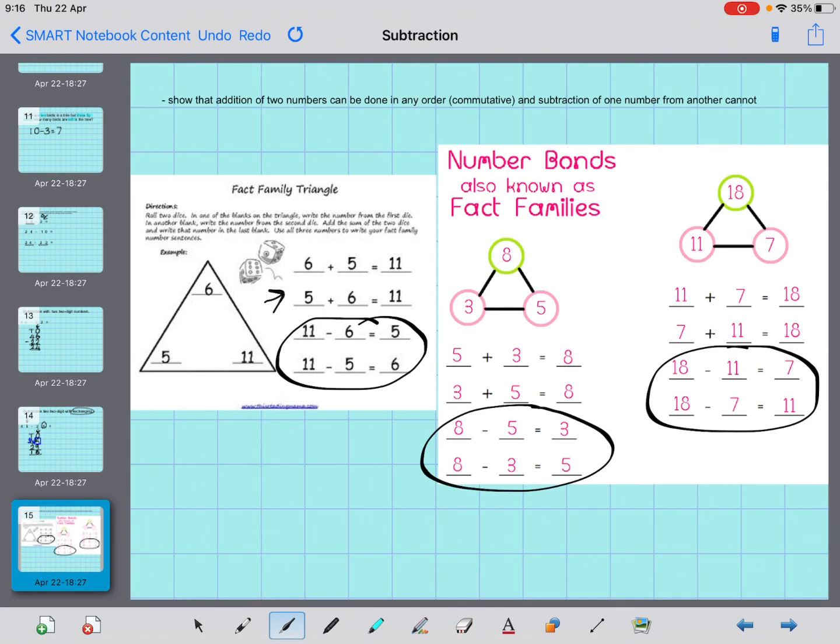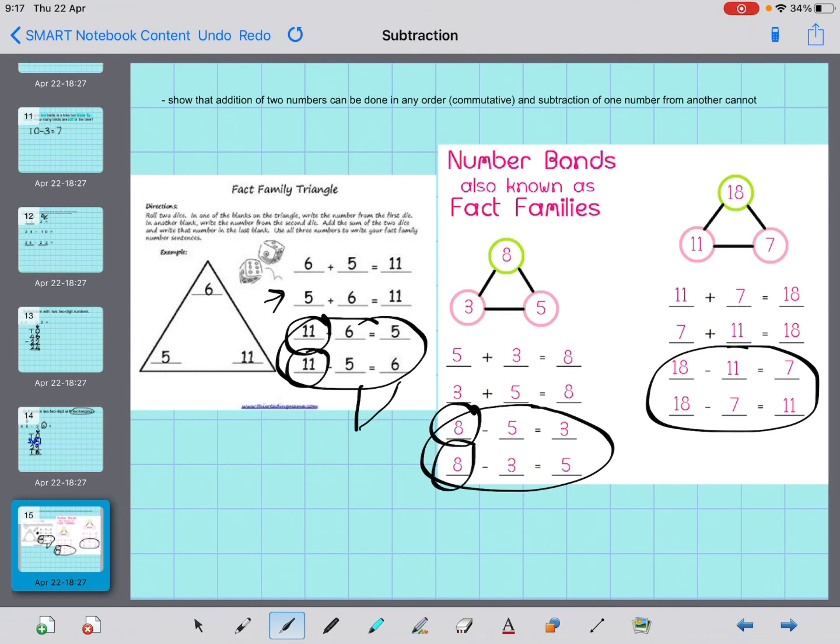So in the previous video we had 6 and 5, or 5 and 6 make 11, but we also know then that 11 take away 6 is 5, or 11 take away 5 is 6. So I know that I can swap around these two numbers, but I have to make sure that my answer, my greatest number, is at the beginning, because we must have our greatest number at the start for subtraction.